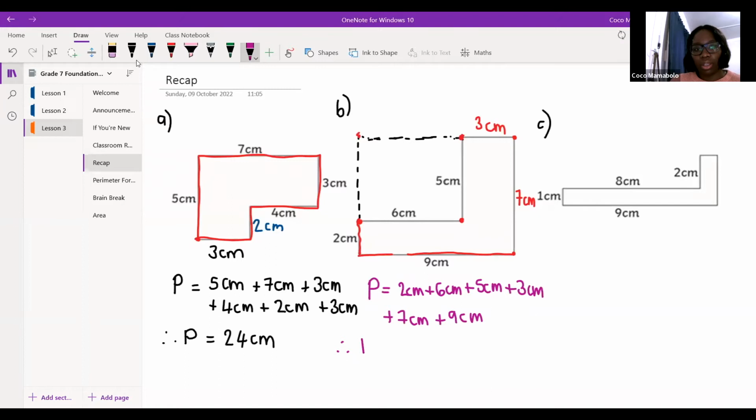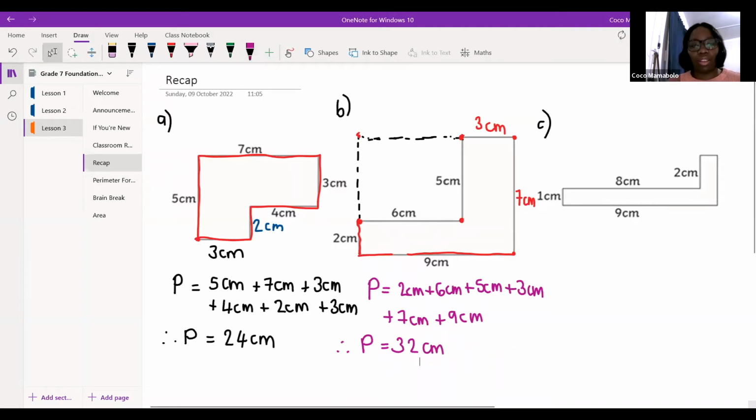Therefore, P is equal to, don't worry, Olanda, just write it again. Therefore, P is equal to 8, 13, 16, 23, 32 centimeters. Well done, guys. 32 centimeters.